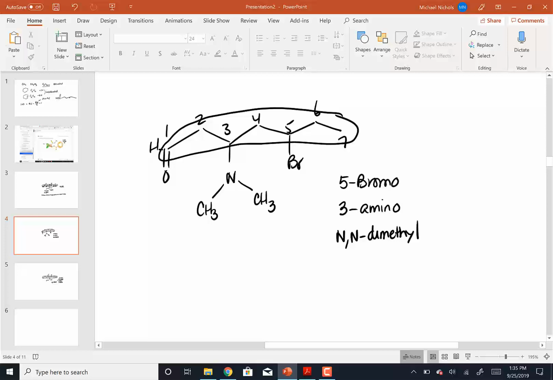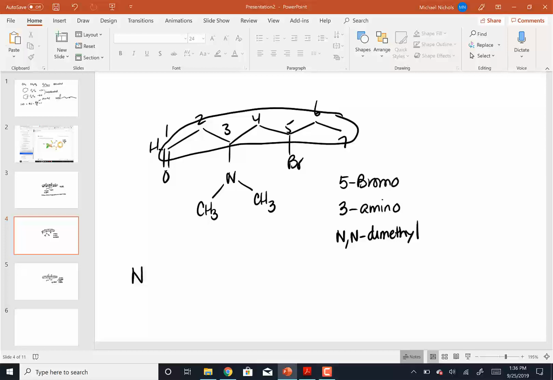And there were a couple of systems that they used for this. I believe the current system is this. When you have an amino, the amino is going to come first because it starts with A. But anything with the N's has to come at the beginning of the name.